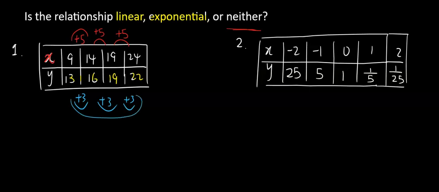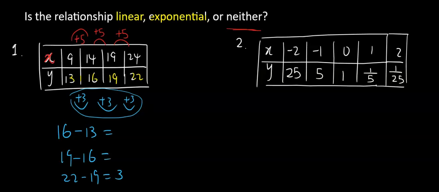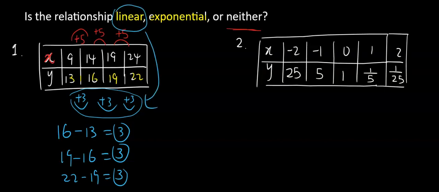You see, this is a consistent difference because 16 minus 13, 19 minus 16, and 22 minus 19 gives us a 3. Okay, so we found a consistent difference of the y values that matches the consistent difference of the x values. Therefore, the first relationship is linear.